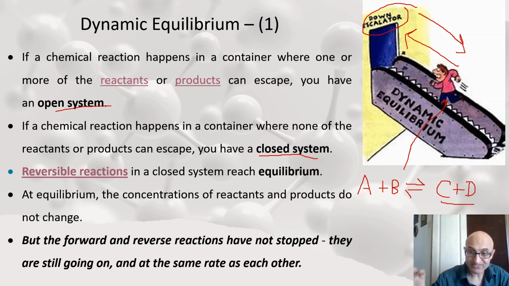It's a balance that is maintained by all of the time A and B forming C and D. But since C and D reform A and B at the same rate, therefore there are no observable changes in amounts of either C and D or A and B.